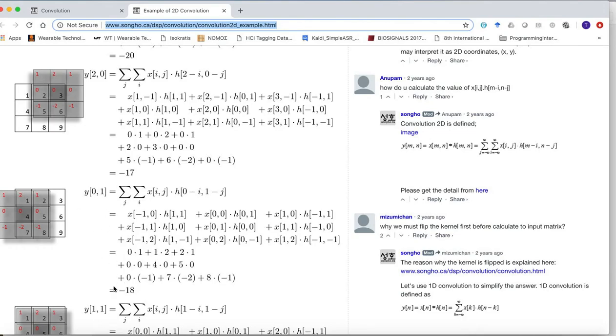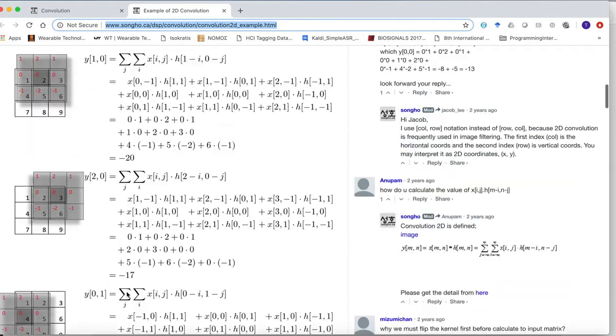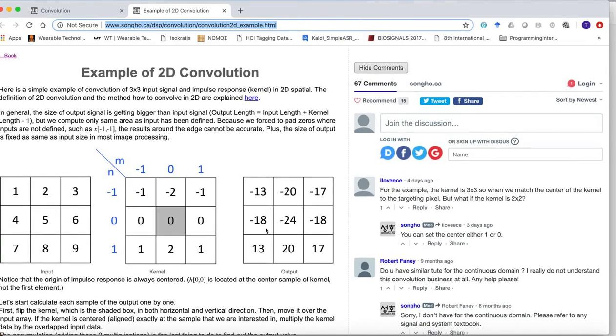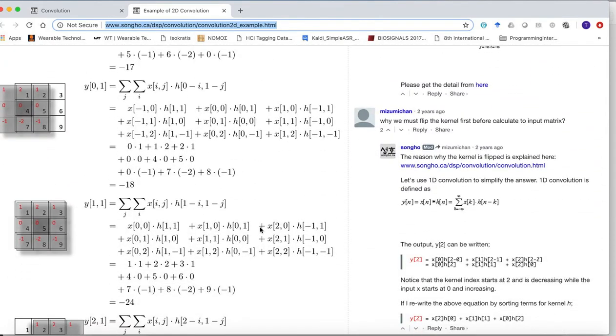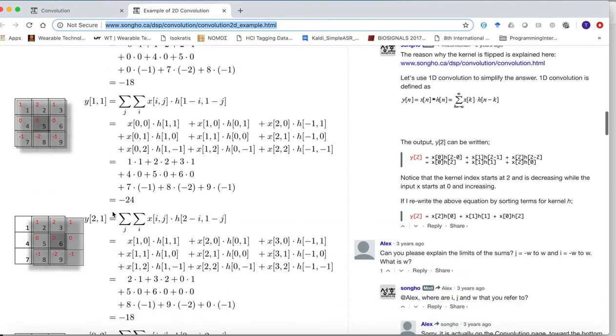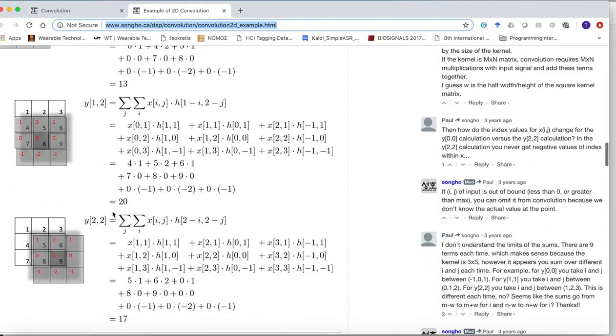So this 0, 1 is the output minus 18, and it is assigned here. Now the same way goes when we want a shift of 1 down, 1 right, and 1 down, and so forth and so on. So in this example, I encourage you to take a look at this link, which is also on the slide.